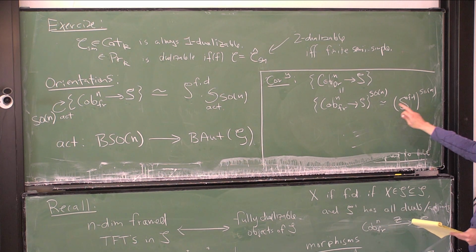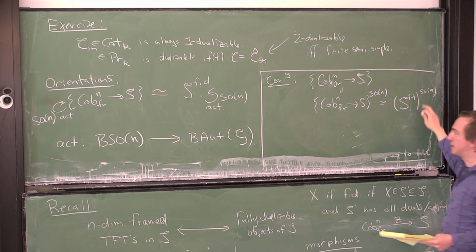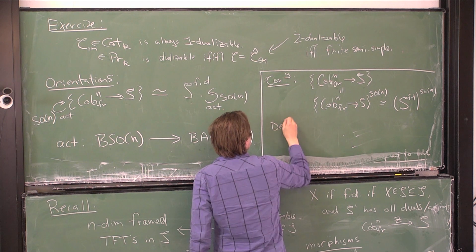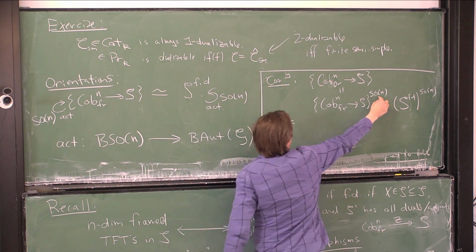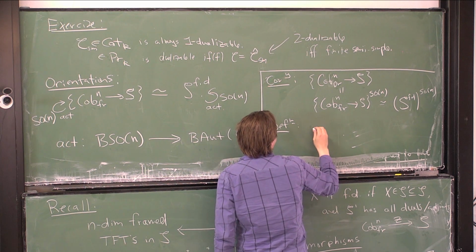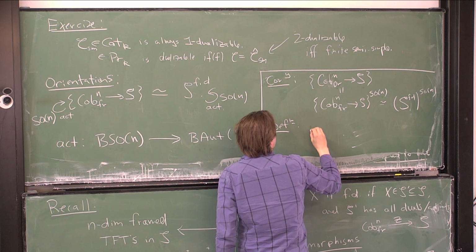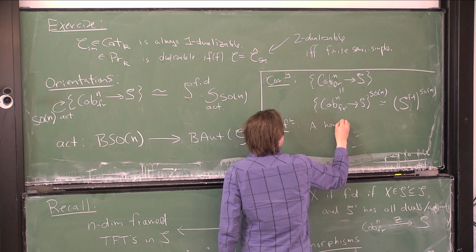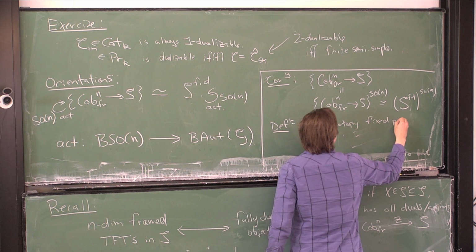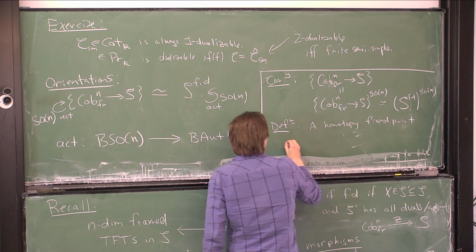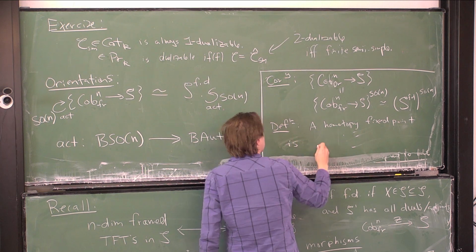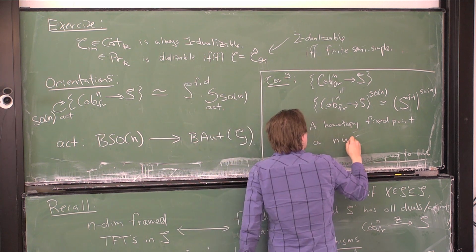So now, okay, to make sense of this, I need to tell you what a homotopy fixed point is. And it's a nice definition. So this upper thing means homotopy fixed points, and the definition is: a homotopy fixed point of the action functor is a null homotopy.